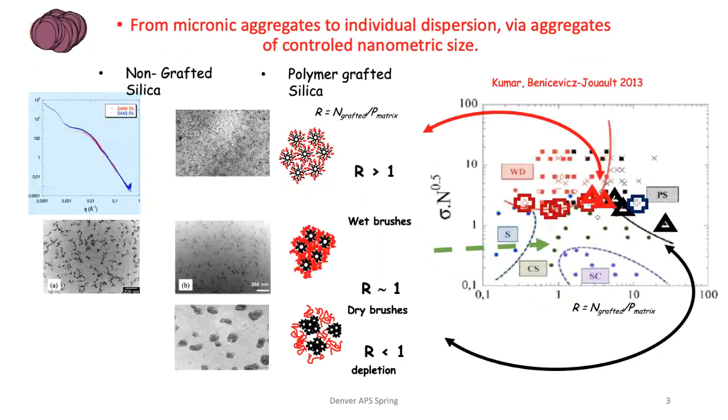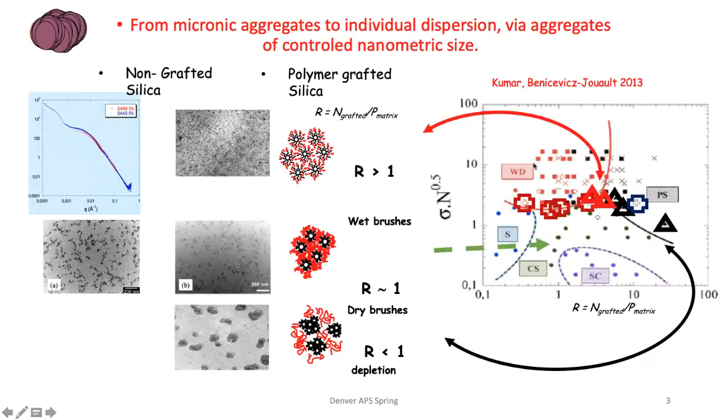And this effect could be summarized on this diagram, which represents, as a function of this ratio, this quantity first introduced by Dejean, which is the product of the grafting density and the square root of the degree of polymerization of the grafted chains. All that has been nicely summarized in a paper by Kumar and other people, Dimitrovic, and also our student Nicolas Jouot.